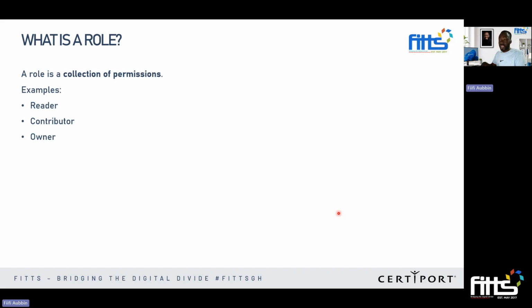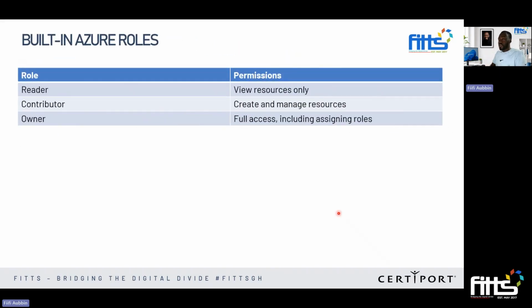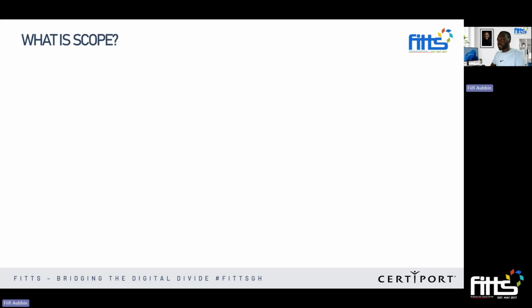If you're a contributor, you'll be able to read and also write, but you cannot change security features of that particular resource. And the owner here is the overall boss. So reader, you view resources only. Contributor, you create and manage resources. And the owner would have full access, including assigning. So that's essentially how it works.